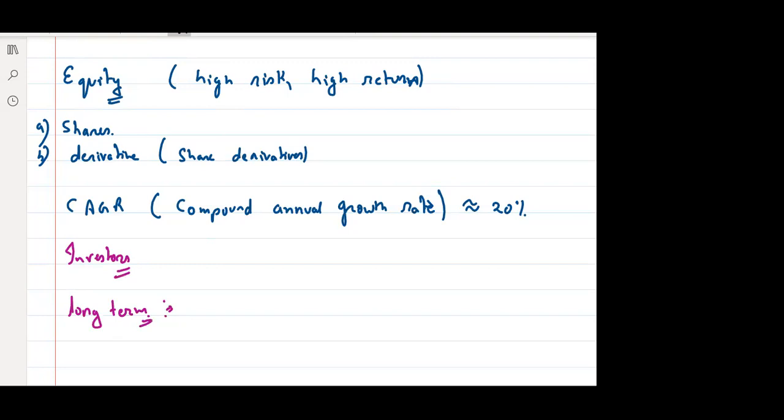Suppose when Shravya was born, instead of giving her something, her father bought one stock of HDFC, one stock of Reliance, and one stock of Bajaj Finance. These three stocks, only one share each.